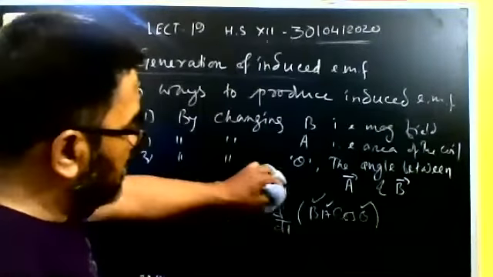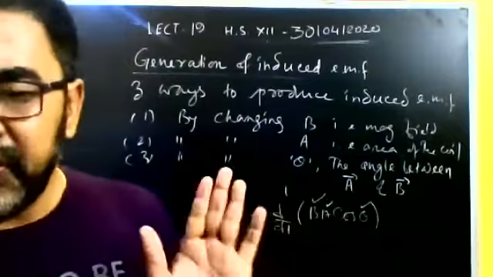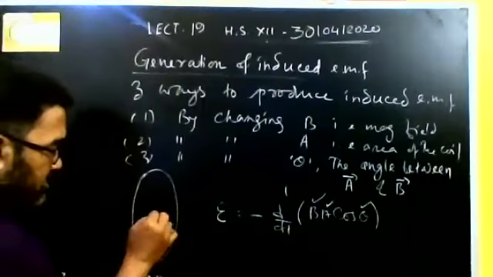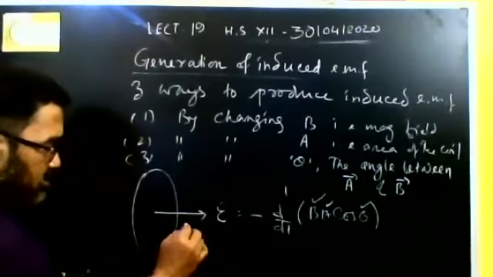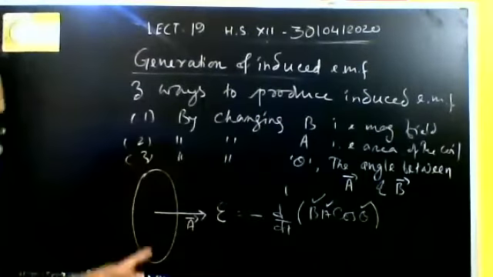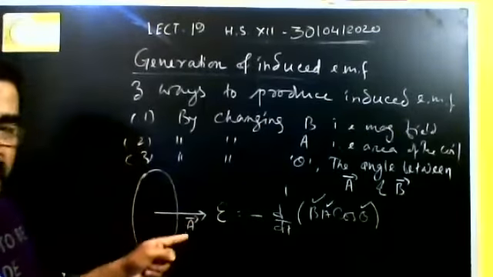In general, area is not a vector quantity, but if you represent area with a direction, then area will be a vector quantity, if the normal drawn on the area represents the direction of the area.